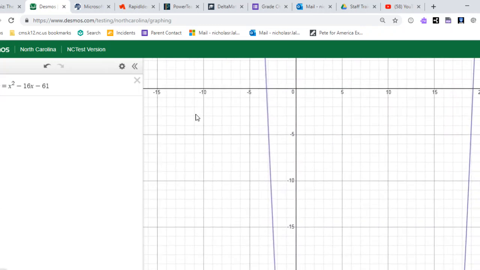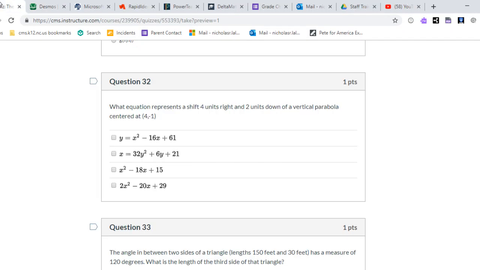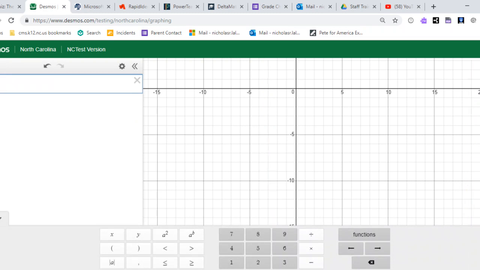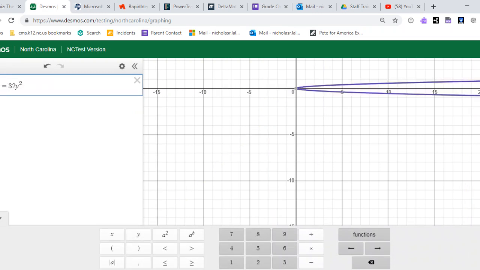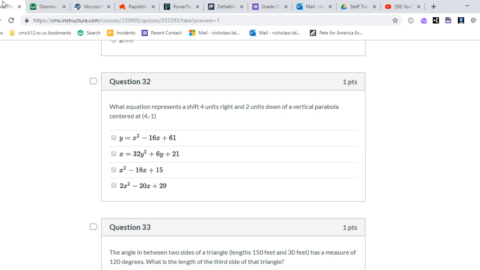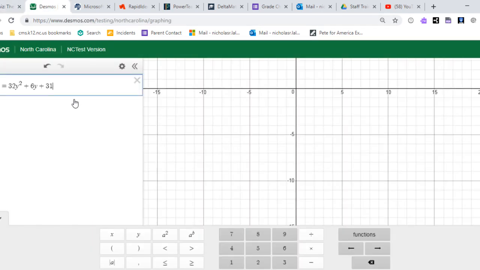That does not have a vertex of 8, -3. x equals 32y squared plus 6y plus 21. x equals 32y squared plus 6y plus 31. Oh, this is obviously not the answer. Or plus 21. Fine, plus 21, still not the answer.